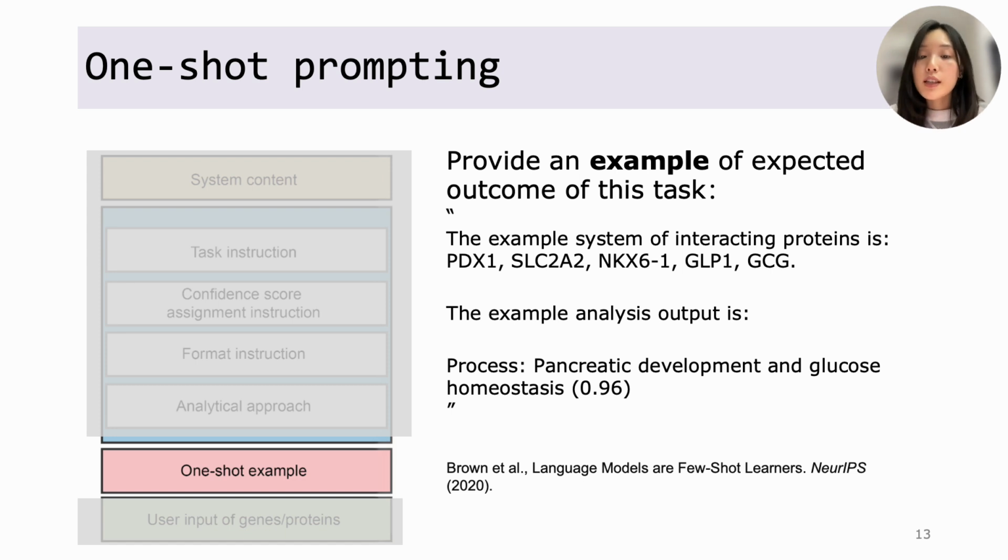We give this gene set, and we want the output to start with process, then the name, and in parentheses the confidence score.